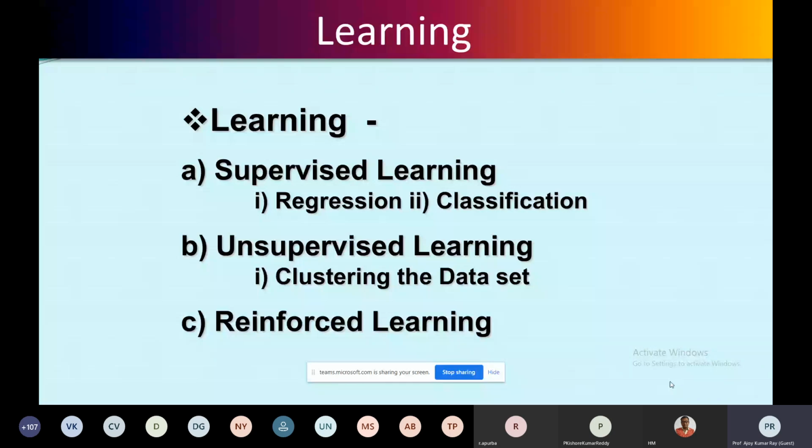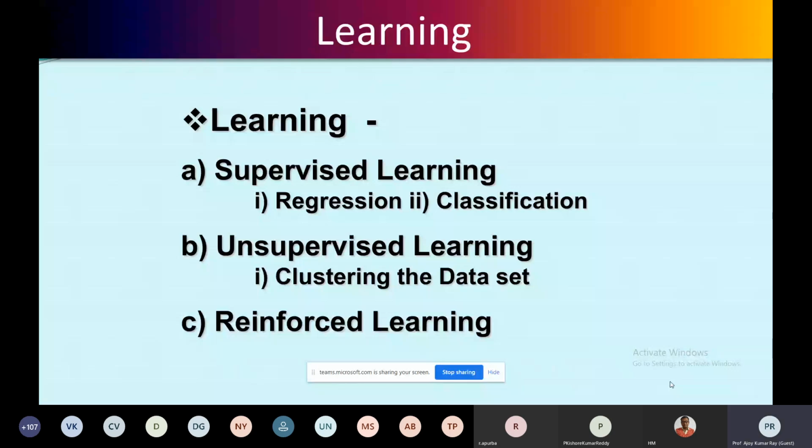This is also a kind of learning. So once you can cluster together, then you give a name that, okay, this cluster is known as A, this cluster is known as B and all. So for this clustering, you don't need any supervision. No teacher is required. Only finally you know that, okay, this is known as character A, character B.